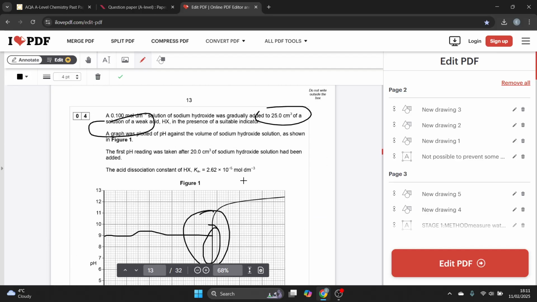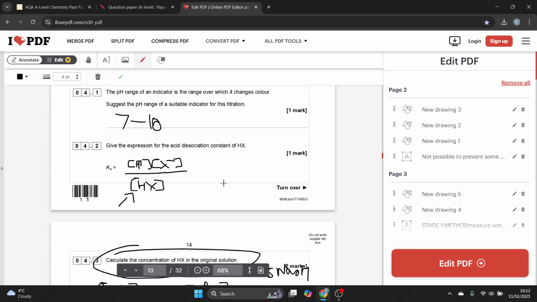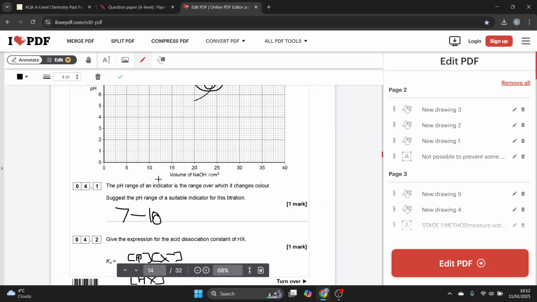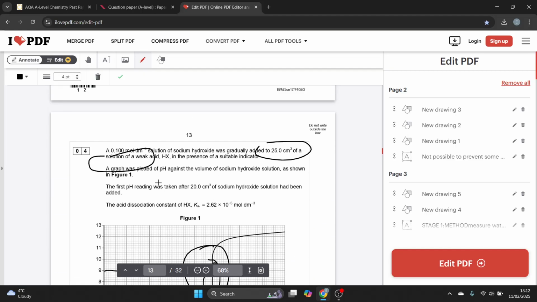Well, it's going to be 24.0 divided by 1000. That would give me the moles, 2.4 times 10 to the power minus 3. So I'm using moles as concentration times volume.